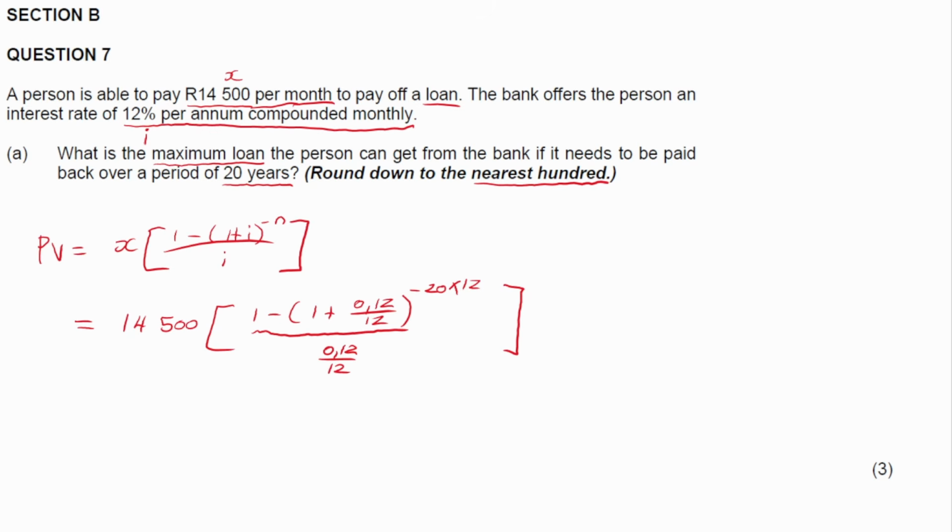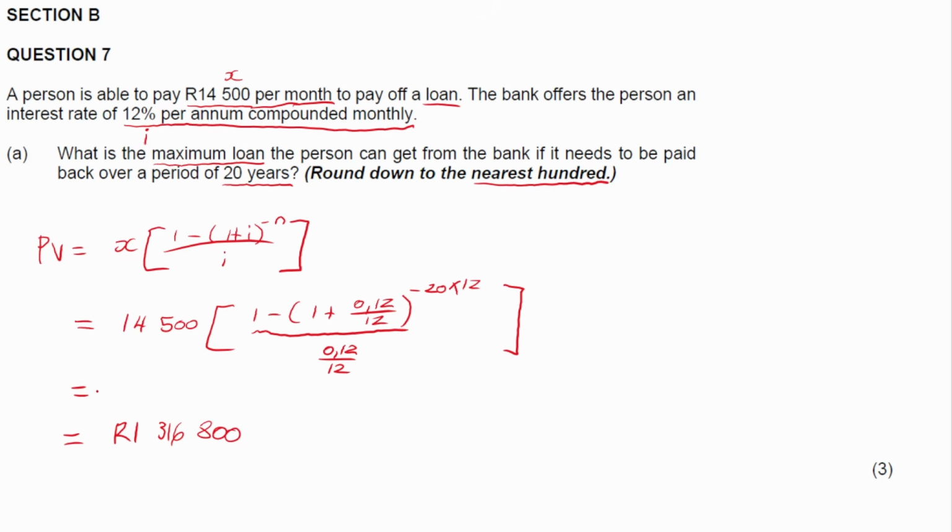Okay. When we do that, what we should be getting in our calculator, when you evaluate all of that, is that the loan amount is 1,316,800. And remember, make sure we round down to the nearest 100. Okay. So you'll get a value. Let me actually put the value in between here.